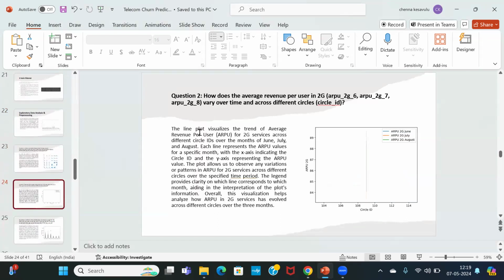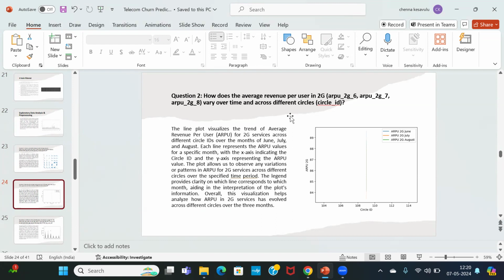And the second question is, how does the average revenue per user in 2G vary over time and across different circles? The line plot visualizes the trend of average revenue per user for 2G services across the different circle IDs over the months of June, July, and August.